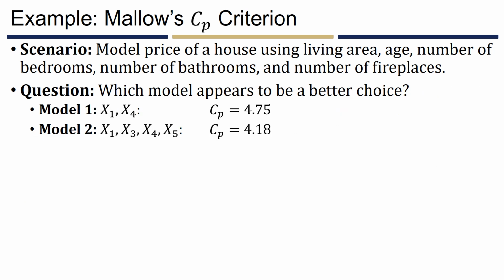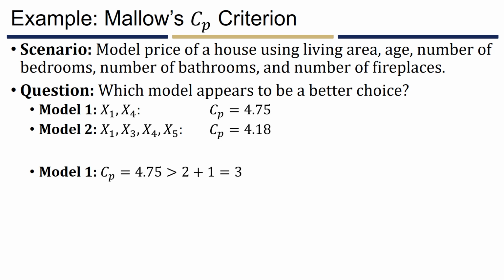Now at this point, we've calculated Mallows Cp for 2 different models, and that actually allows us to make a direct comparison. We can decide which of the 2 models appears to be a better choice. Looking at model 1, which had only x1 and x4, we had Mallows Cp equal to 4.75.